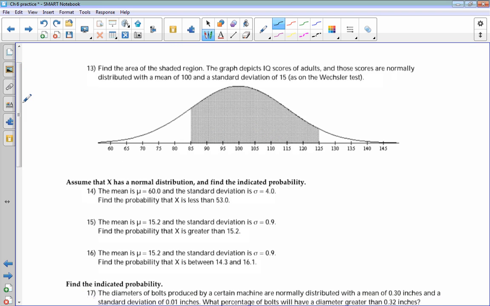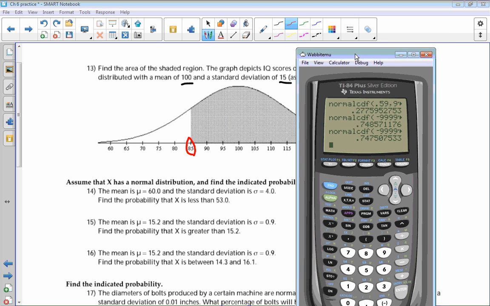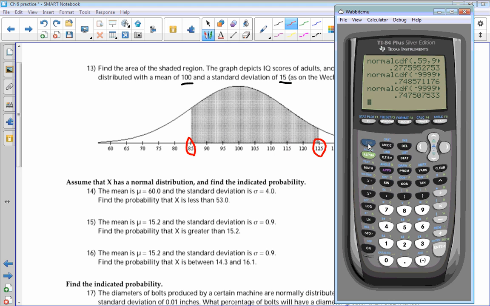So here's another one about our IQ scores. Again, mean of 100, standard deviation of 15. I want to know the area of the shaded region. That's when my IQ score is 85 and 125, and I want to know between them. So again, I can do that by going second distribution.